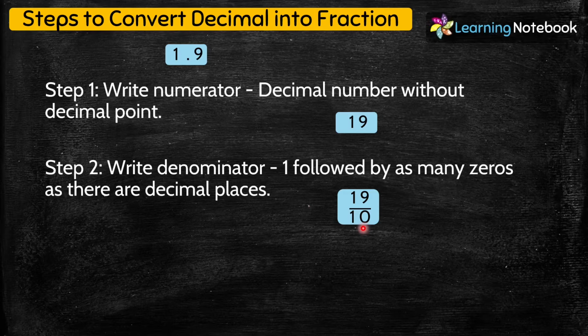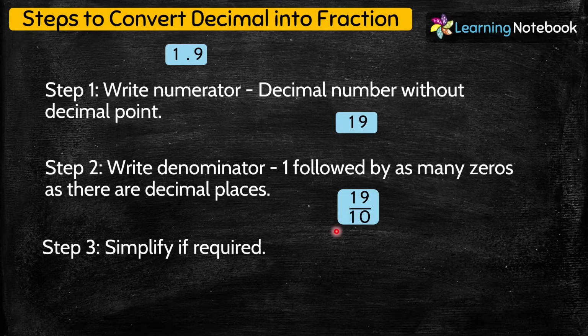So we get the denominator of the fraction as 10. So we have converted the given decimal into fraction 19 upon 10. And in step 3, we will simplify if required. But here we are not going to simplify it because there is no common factor between numerator and denominator.